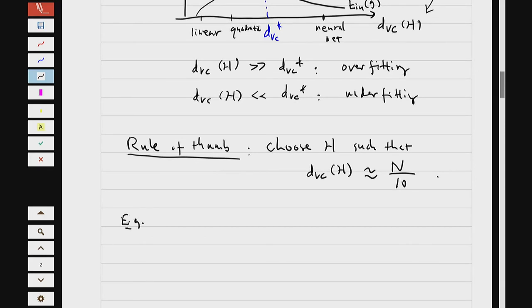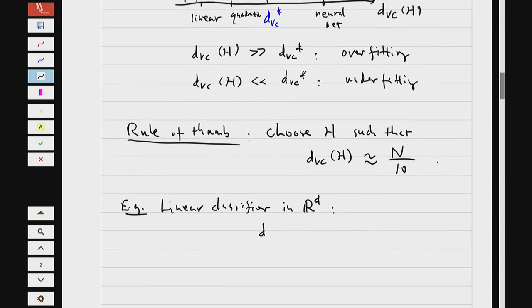We already saw last week, what is the VC dimension of a linear classifier, right? In R^d, we have already said that this turns out to be d+1, okay? And we looked at a simple example when d equals 2, right?